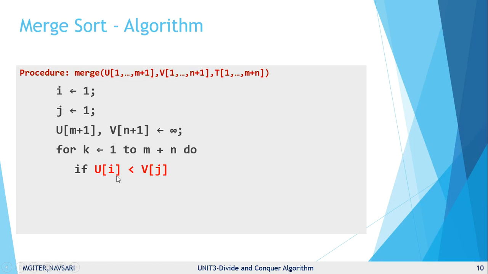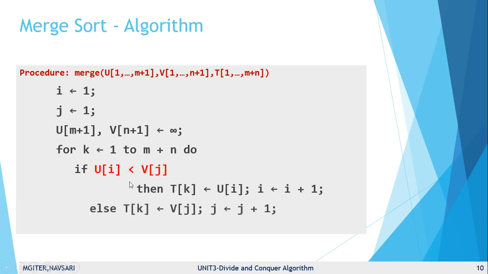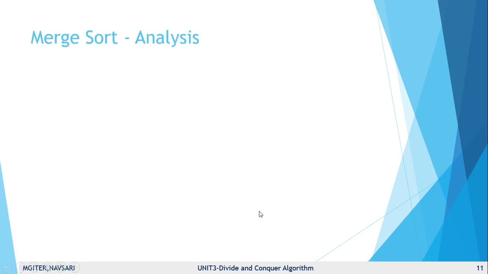If U of i is less than V of j, meaning the first element of this array is less than the first element of the V sublist, then we put it into T of k and increment i by 1. Otherwise, if this is false, we put V of j, the first element of list V, into the array T and increment j by 1.